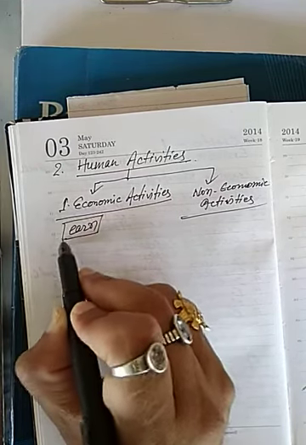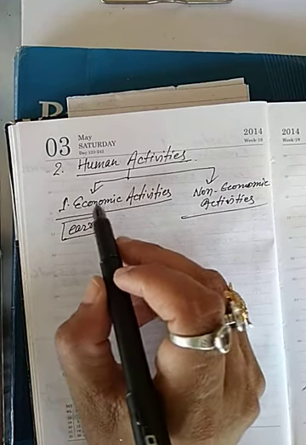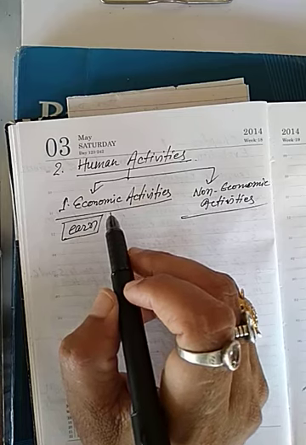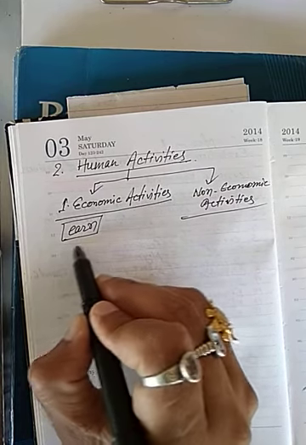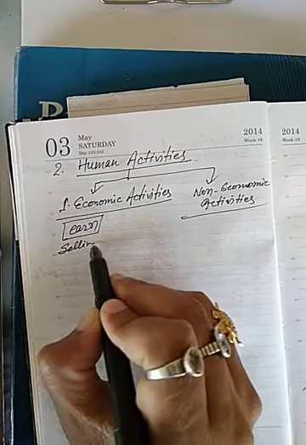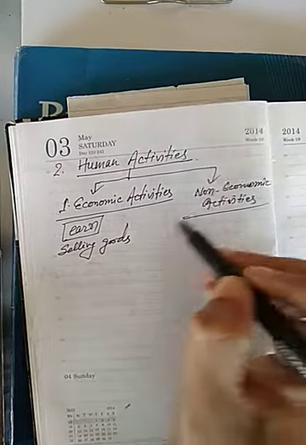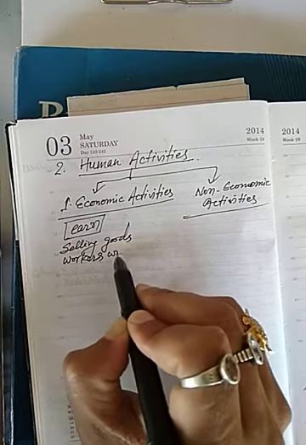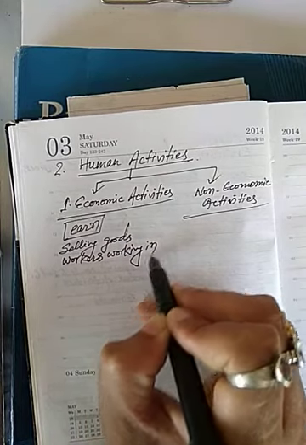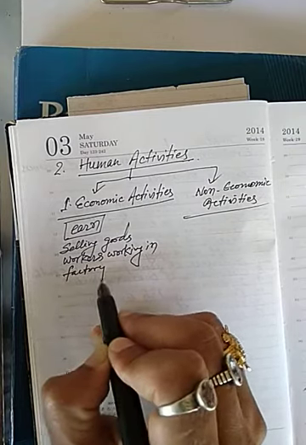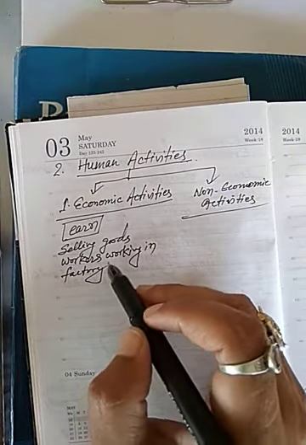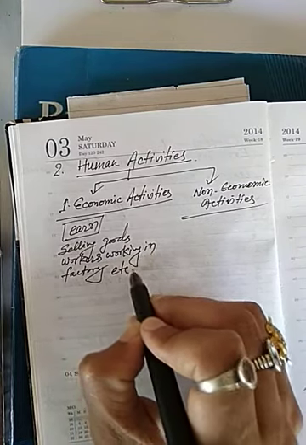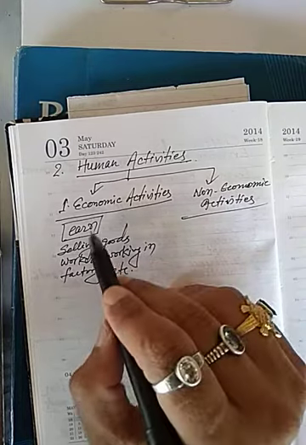For example, workers working in a factory, shopkeeper selling goods, doctor attending the patients in his clinic, etc. are economic activities.